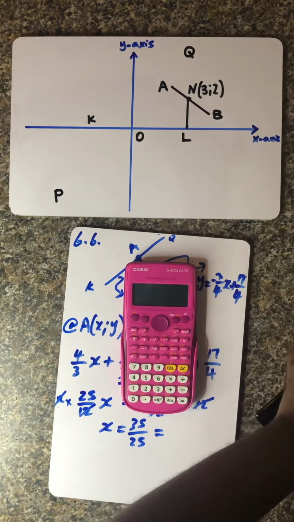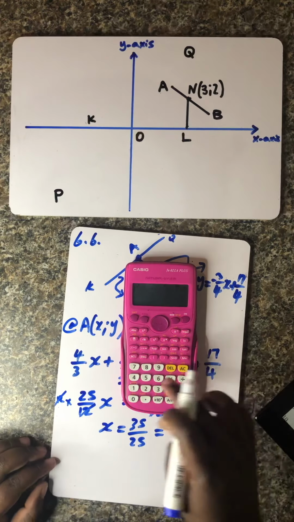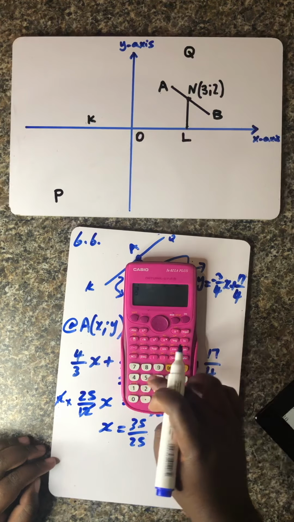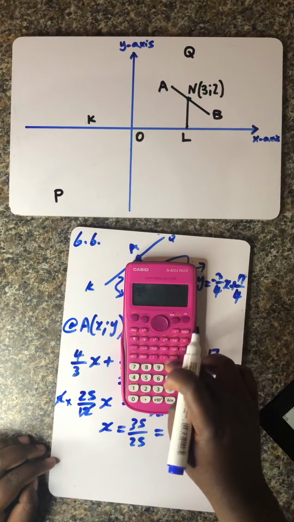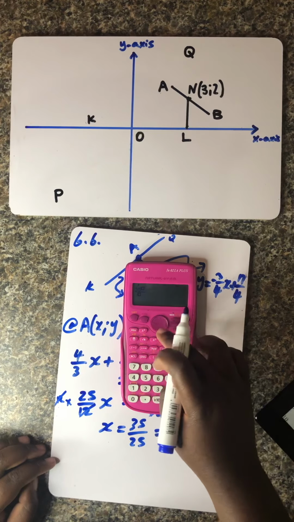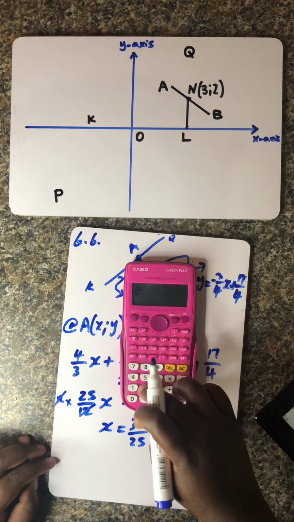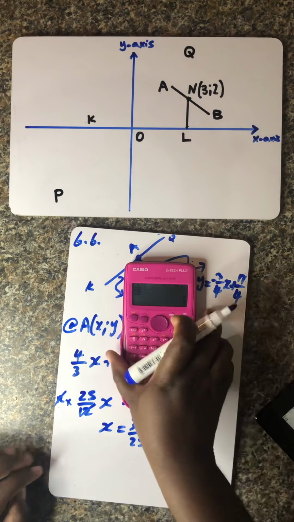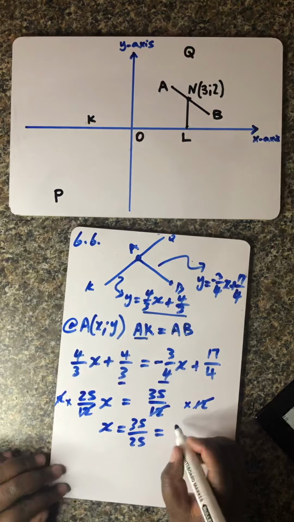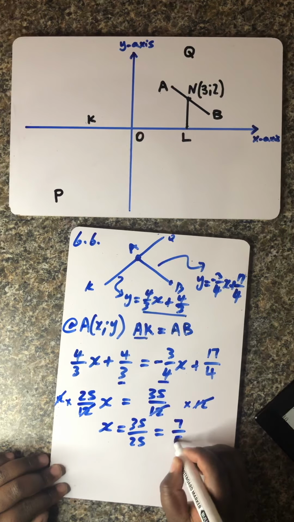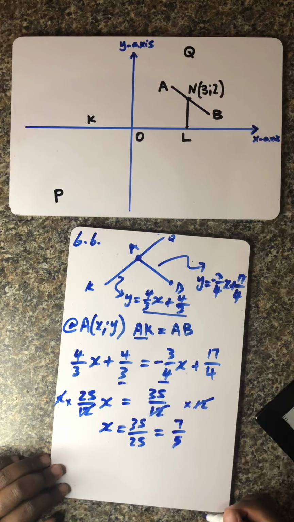If not, ladies and gentlemen, something is wrong and it's not correct. So 35 over 25. Ladies and gentlemen, I'm getting 7 over 5, which is promising.